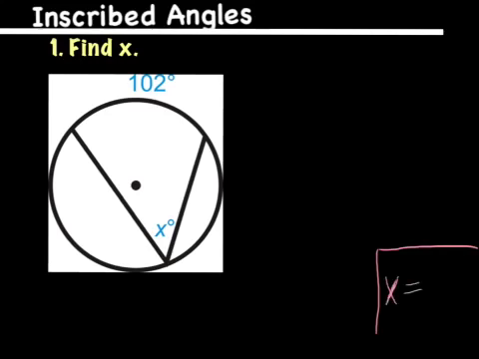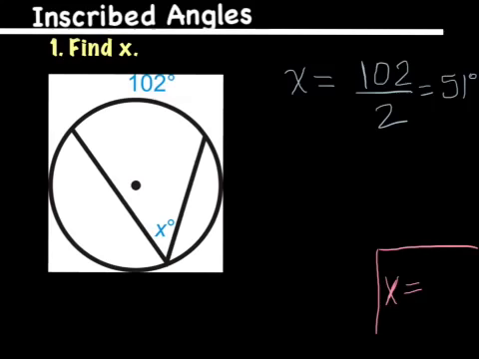Okay. Now, remember what I told you. This angle is half of this arc, or this arc is twice as big as this angle. So if we want to get x, we're going to have to take 102 and divide it in half, which will give us 51 degrees.